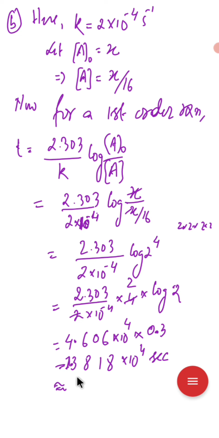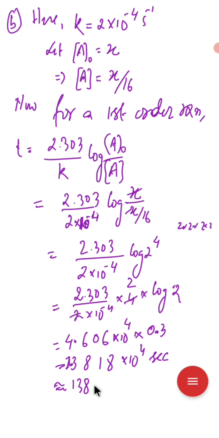Or simply I can write 13818 second. Okay, this is the answer. This is the time taken to reduce the initial concentration to its 1/16th value.